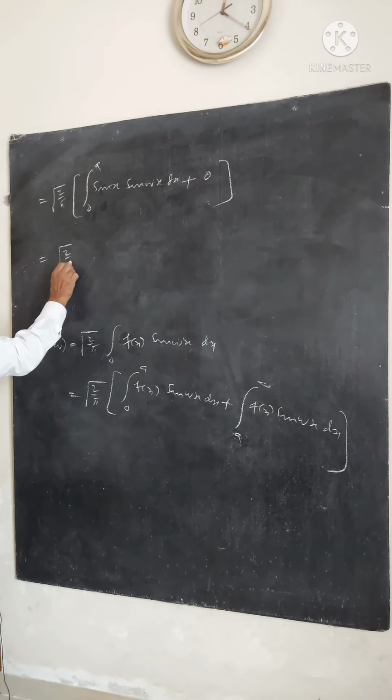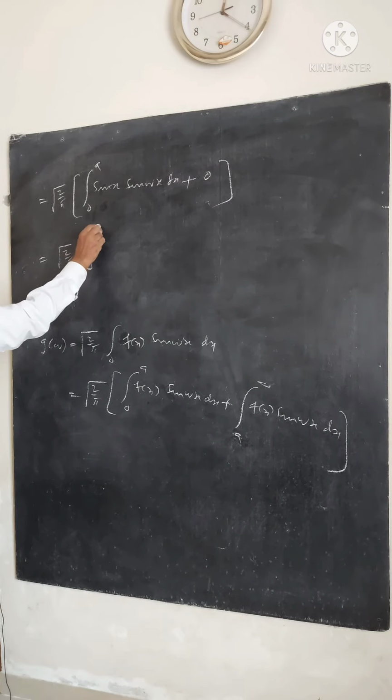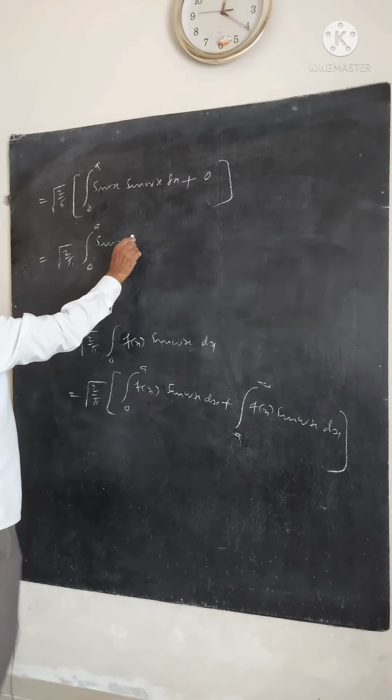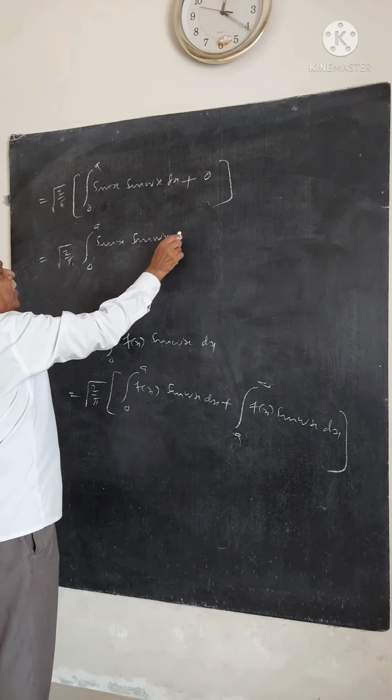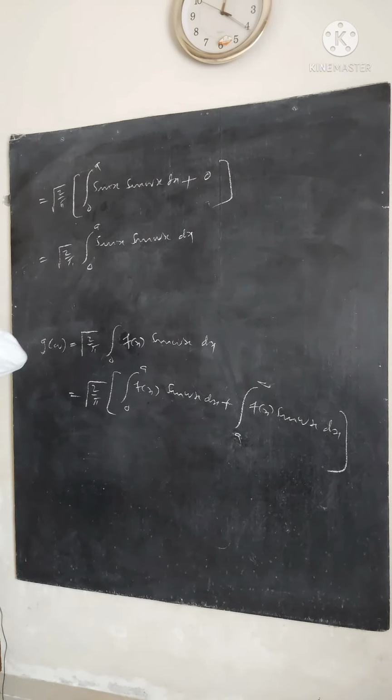So root of 2 by pi, integral 0 to a of sin x sin omega x dx.